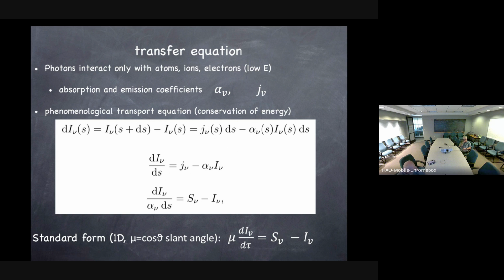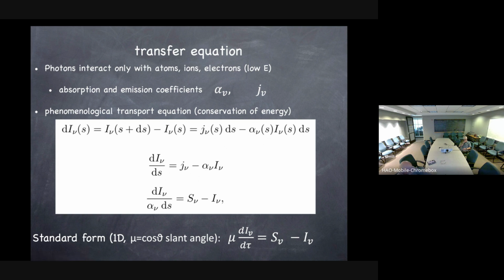That's all it is. And then this just describes a kind of differential. So if I could start, say, deep in the atmosphere, specify S, and then I could start integrating this up and get a number here. But I would need to know S.